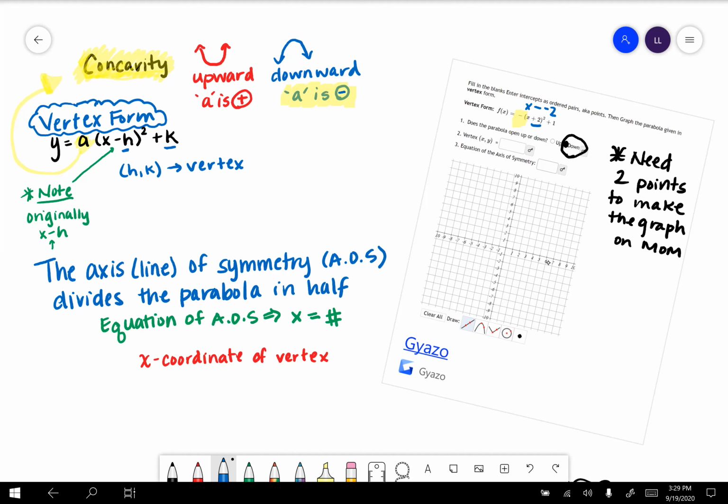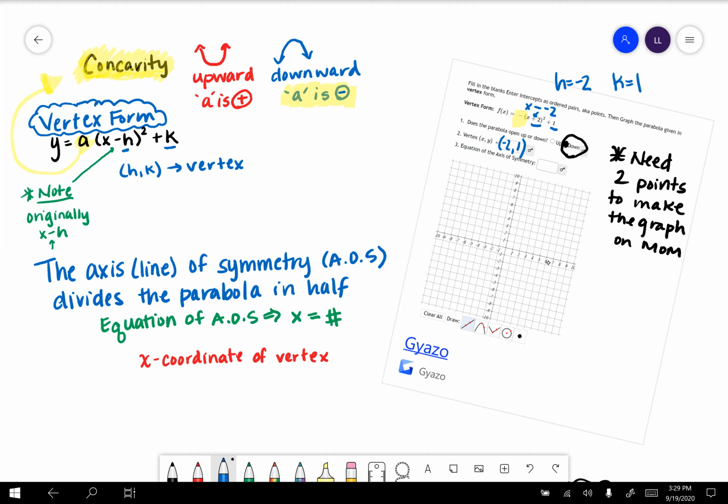So that's how it became a plus. Negative, negative makes a plus. So that means our H is negative 2. Our y coordinate is 1 for our vertex. So K is 1. Therefore, our vertex is negative 2, 1.